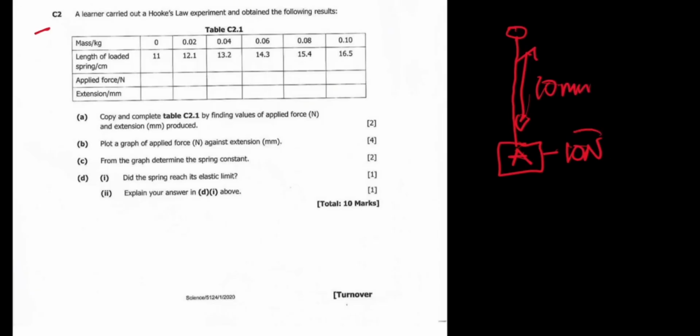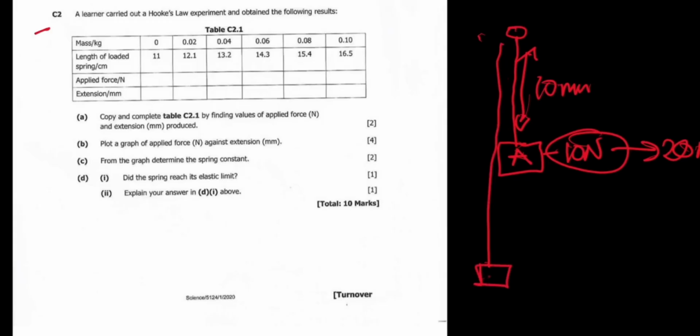So if you increase the weight here, or the force, to, let's say, 20 newtons, you see that this is going to extend from this to somewhere here. So we want to find the force applied and also the extension that is going to be produced according to Hooke's law.